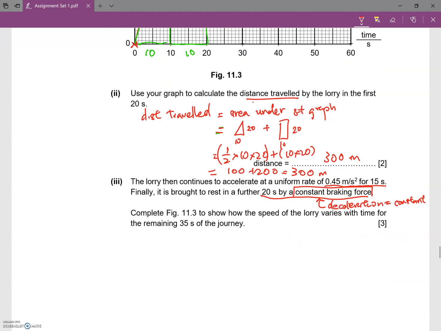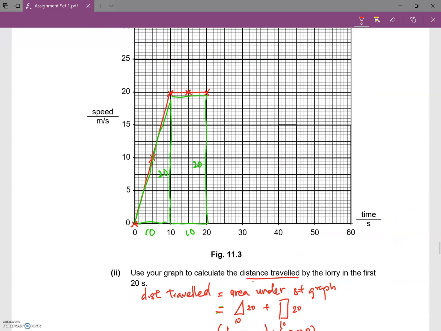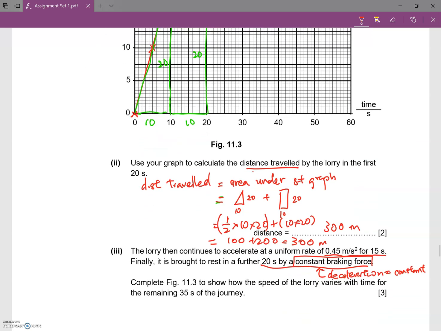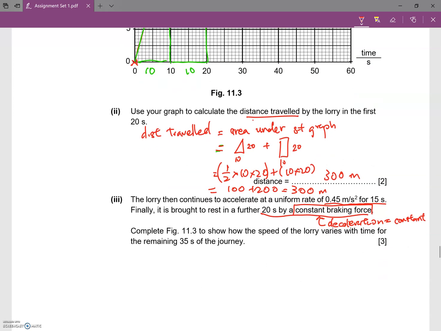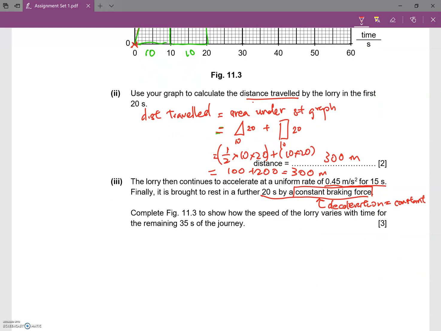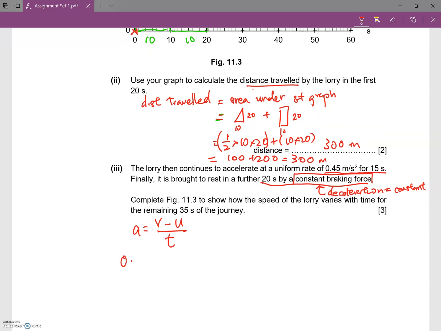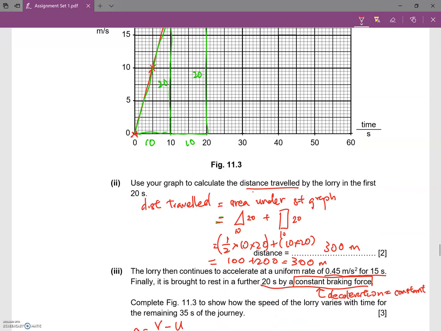So let's think in terms of the final speed. At 20 seconds the speed is 20, but it's going to accelerate at 0.45 meter per second squared for 15 more seconds. Let's use the formula: acceleration equals the final speed minus the initial speed divided by the time taken. We know acceleration is 0.45, we want to find the final speed after the 15 seconds, and the initial speed at the 20-second mark is 20 meter per second.